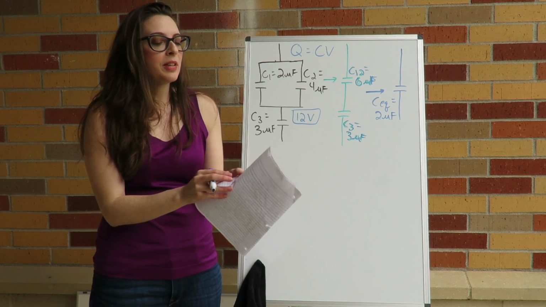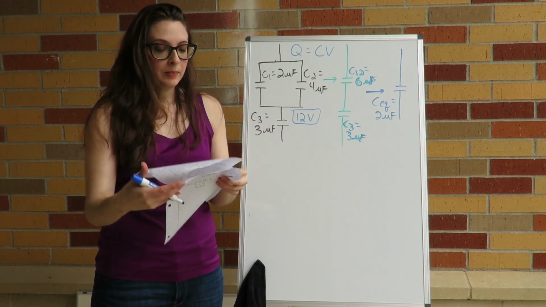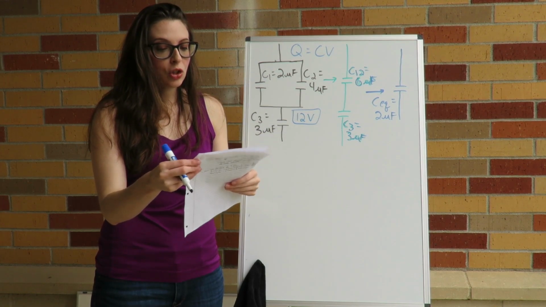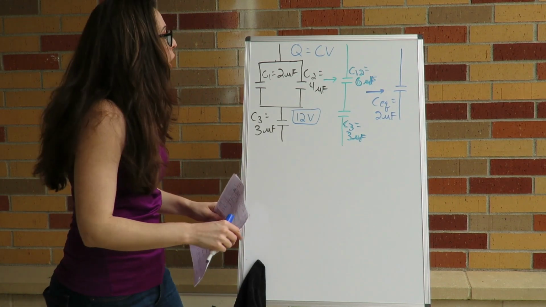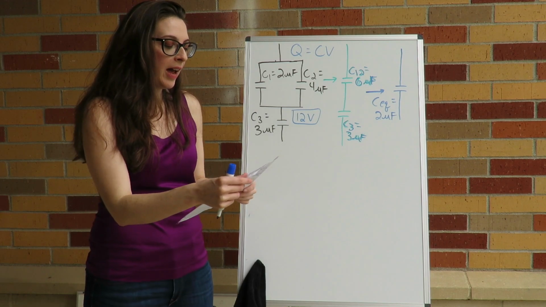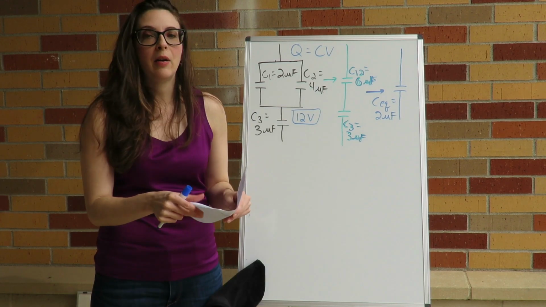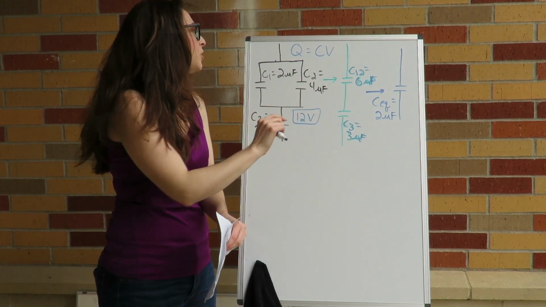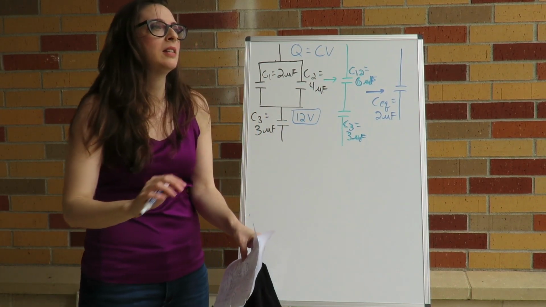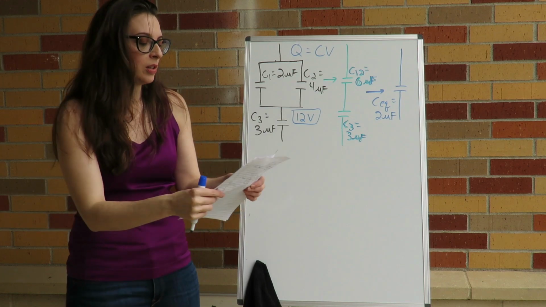So let's first think about finding the charge on each of our individual capacitors. But before we get any further than that, let's find the charge on our equivalent capacitor. So here I have that the charge of a capacitor is equal to its capacitance times the potential difference across it.